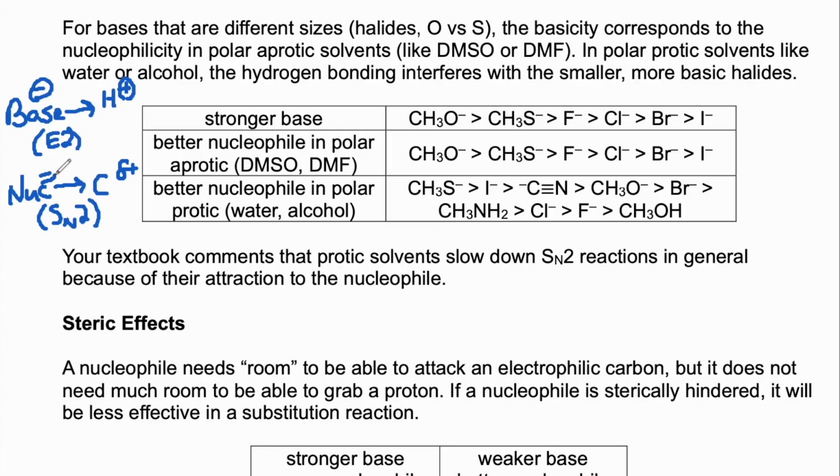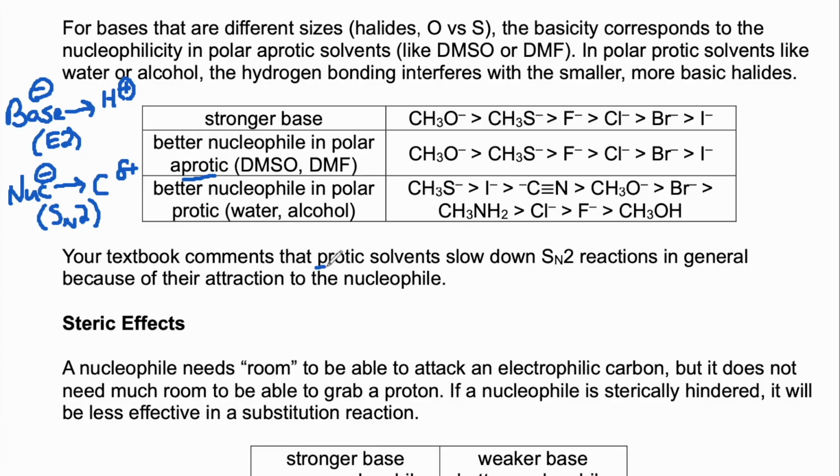If you want something to act more as a nucleophile and attack a carbon that is electrophilic, maybe has a partial positive charge, then that would be giving you an SN2 mechanism. So for SN2, we want something to act more like a nucleophile, and we don't want it to attack a proton. So if we want that substitution, then it's generally better to have an aprotic solvent where there's no protons around to distract the nucleophile from what we want it to do.